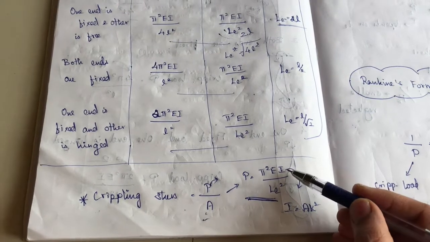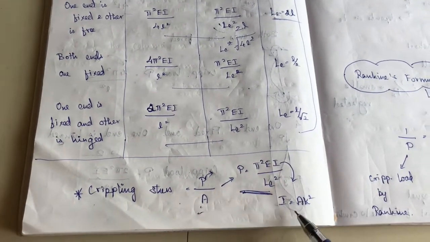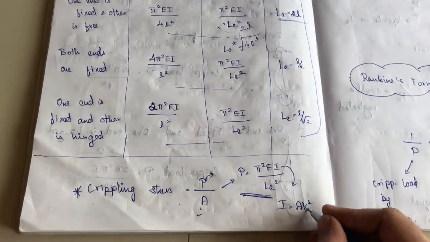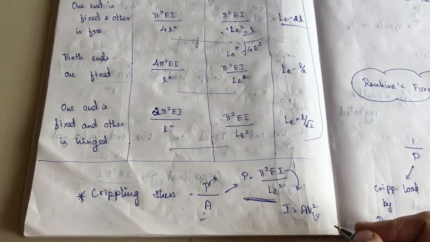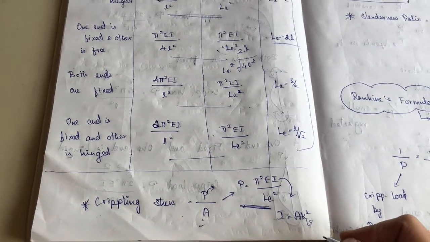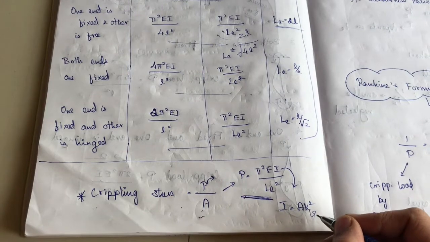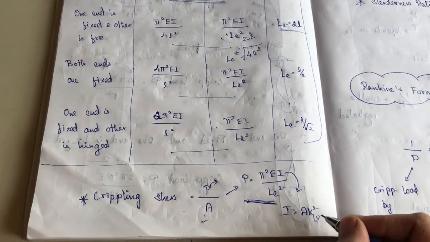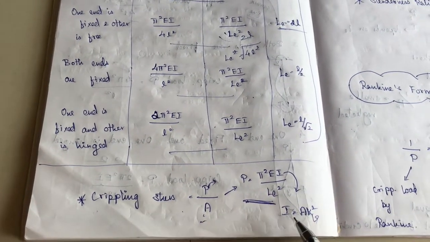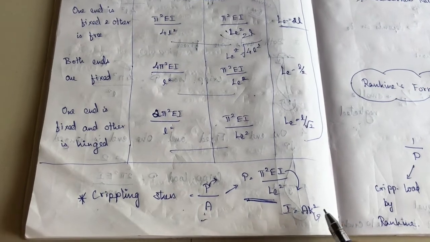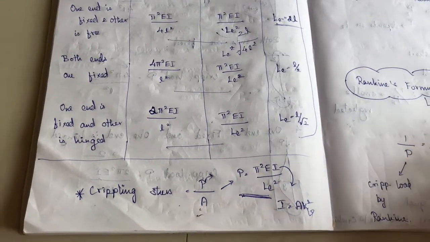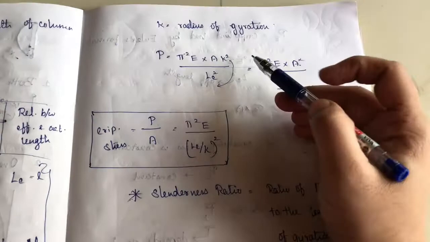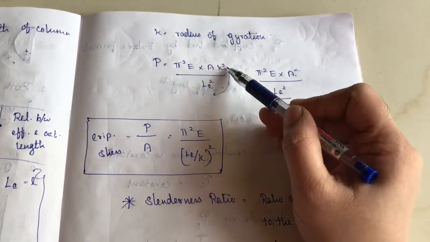So in this, I'm just taking I as A K square. K is nothing but the radius of gyration. Okay. K is nothing but the radius of gyration. So I is equal to A into K square. Just substitute this here and take this K to the denominator.